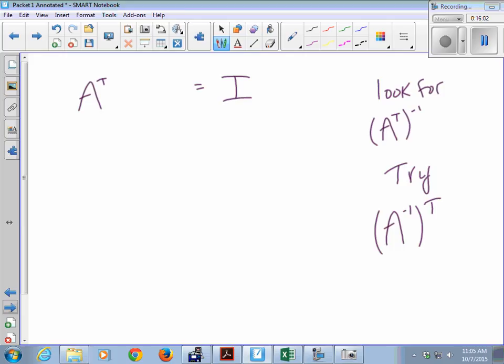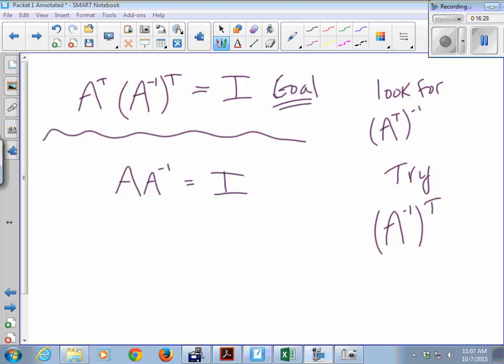Okay, so let's see. If I multiply A transpose times A inverse transposed, I want to show that I get the identity, right? So I want to show that A times A inverse is the identity.